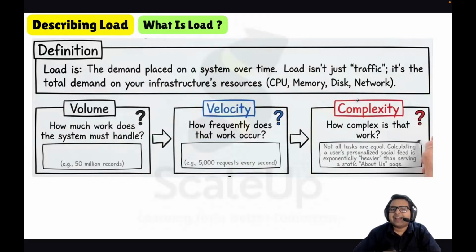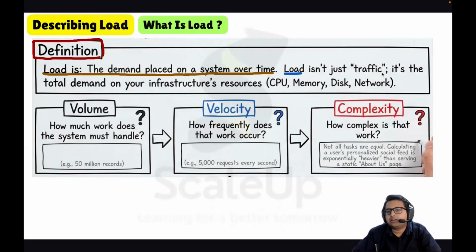So what exactly is load? First let us understand the definition of load. Load is the demand placed on a system over time. Load is not just traffic, rather it is the total demand on your infrastructure's resources.